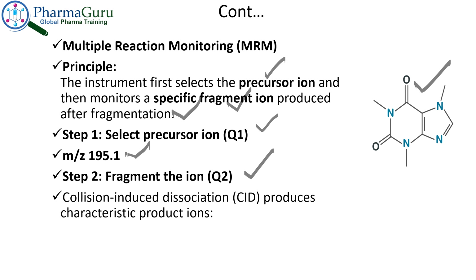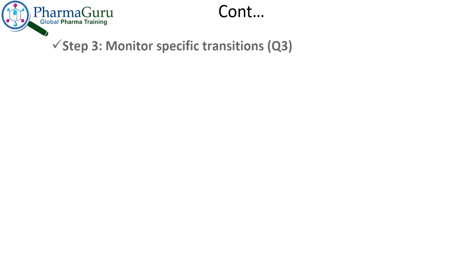Collision induced dissociation, that is CID, produces characteristic product ions. Suppose these characteristic product ions have m/z 138.1 and m/z 110.1. Step 3, monitor specific transitions at Q3, which is the second mass filter.